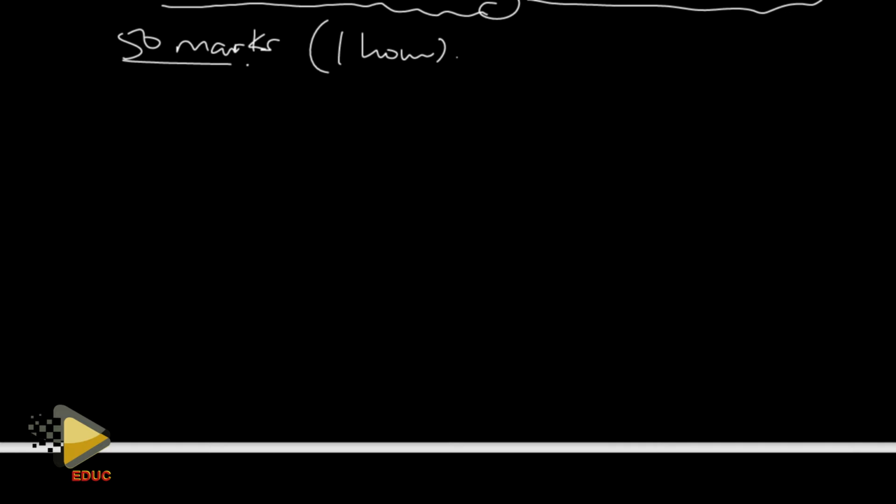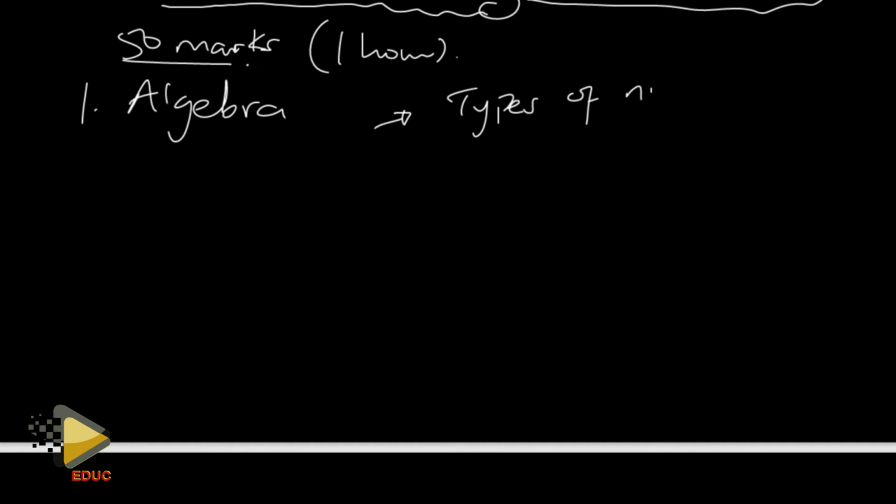Usually the first question will have what we call algebra. Algebra as a topic is very wide. Under this, the first part they normally want, sometimes, is the types of numbers, in other words the number system.